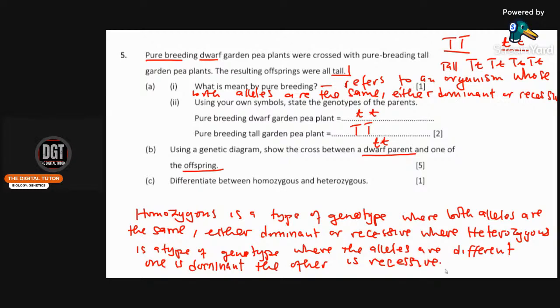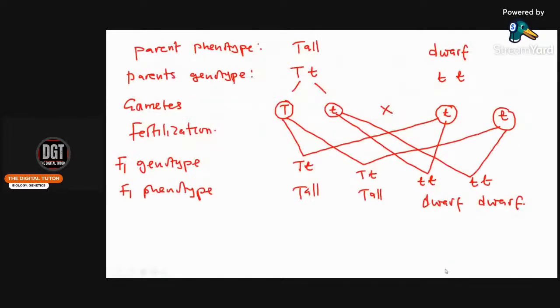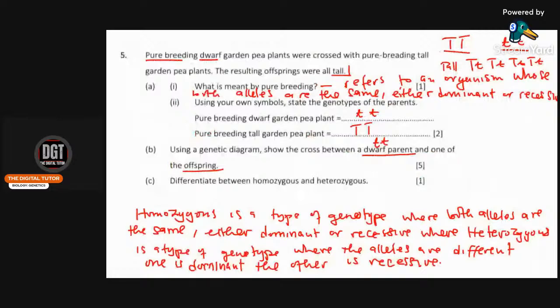So this is the difference. The difference between the heterozygous and homozygous is that homozygous is a type of genotype where both alleles are the same, either dominant or recessive, whereas heterozygous, we are looking at the type of genotype where alleles are different. One is dominant, the other one is recessive.